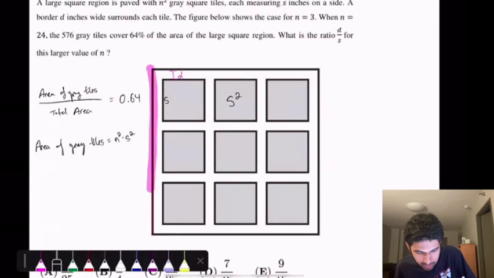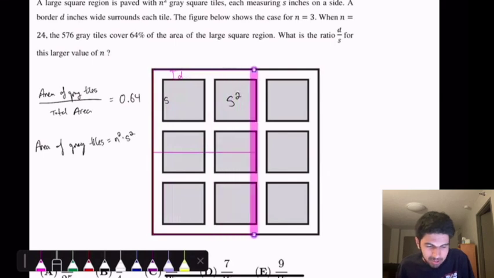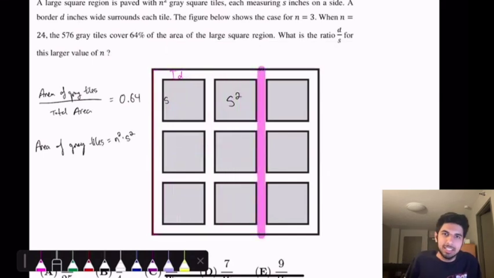This side here, we're going to shift it to somewhere in the middle of the square. So we're taking this side, shifting it over, and drawing this perpendicular line inside the square. We're going to decompose this line because we want to find the side length, and we know it's probably going to be in terms of s and d somehow.